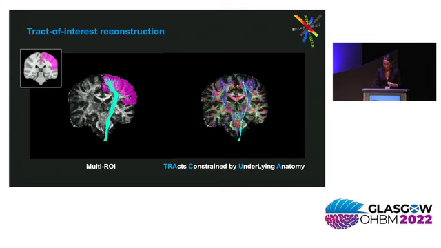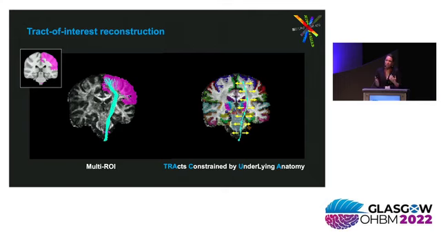Another source of information is an anatomical segmentation of the same subject from the subject's T1 data, typically from using FreeSurfer on the T1 data. Tracula tries to come up with curves that are not only well aligned with the diffusion orientations, but also fit our prior knowledge on which labels from the anatomical segmentation are neighbors of this tract of interest in different directions, to the left, right, anterior, posterior, etc.